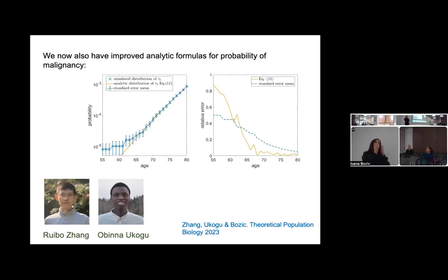And because we saw this discrepancy between our computer simulations that are exact, and our first approach at calculating this analytically, we wanted to explore this in more detail. In this recent paper done by graduate students Ruibo and Obina, we were able to get very good formulas that are very accurate for the probability of malignancy.